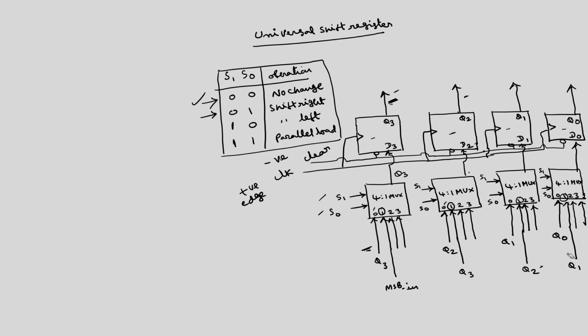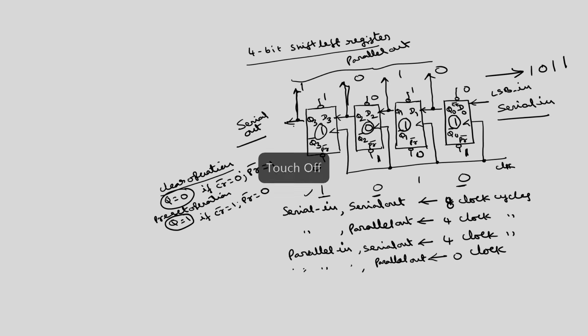Now, for the shift left, I have drawn the circuit, but I have not given the expression. You can write in a similar way. What is D0 here? D0 is equal to LSB in, D1 is equal to Q0, D2 is equal to Q1, D3 is equal to Q2.